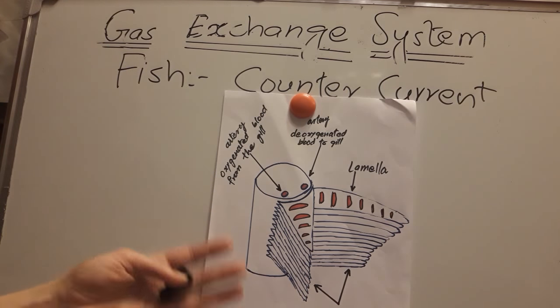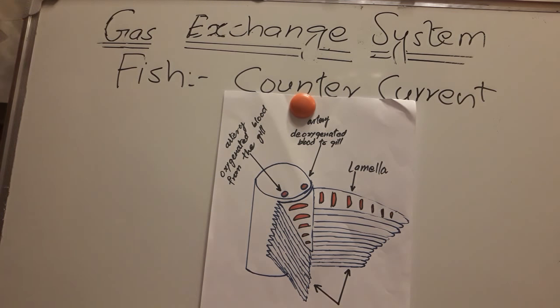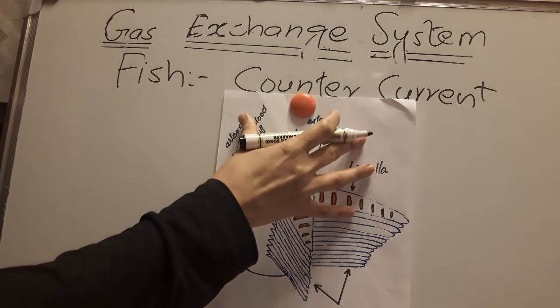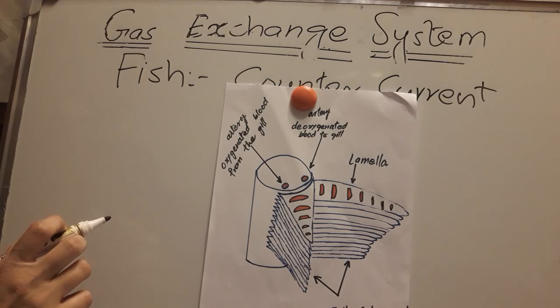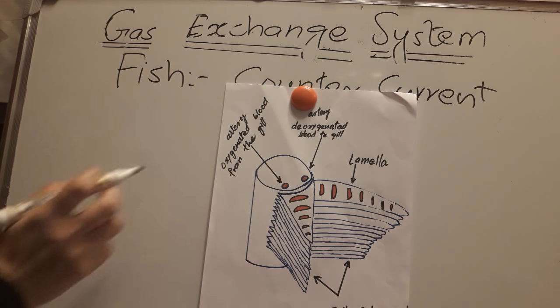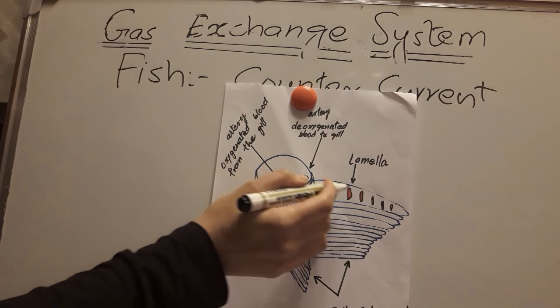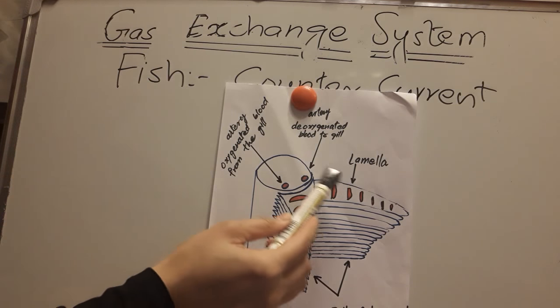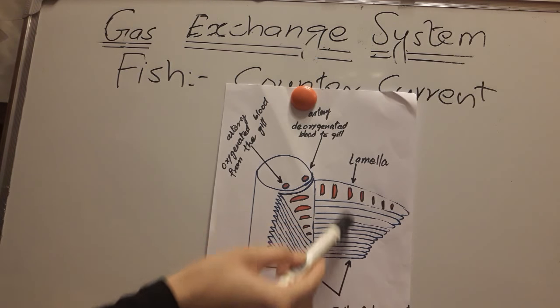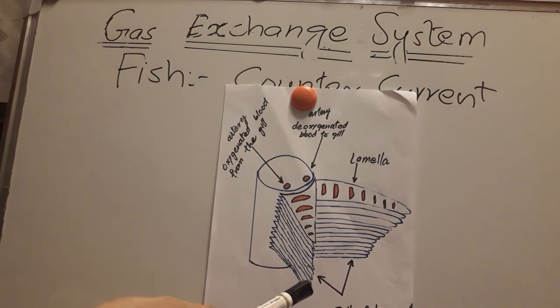water enters the fish through its mouth and passes out through the gills. Each gill has lots of thin plates called gill filaments. These are the gill filaments. These gill filaments increase the surface area for the exchange of gases.